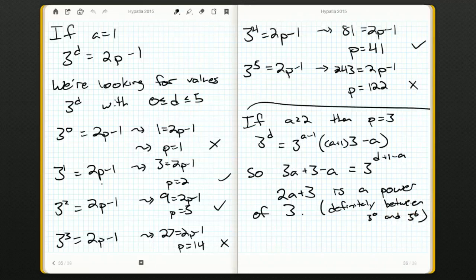Alright, so now what we're basically looking for is combinations of these primes. So we could have 2 to the 1, and that gives us a 3 to the 1. We could have 5 to the 1, that gives us a 3 squared. We could have 41, and that gives us 3 to the power of 4.